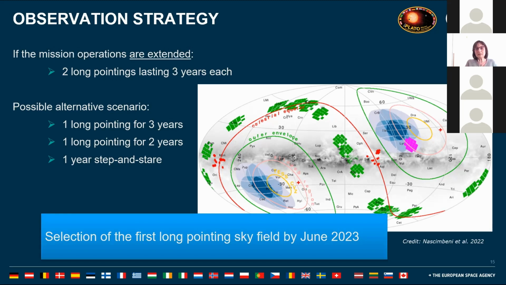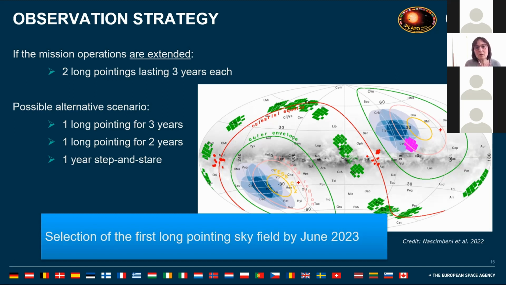Okay, an important event for the preparation of the mission, which we think is going to be very useful for both the amateur community and the professional community to know, is that next year we'll be announcing the first long pointing. So exactly the coordinates of the pointing, and whether it will be in the north or the south. This will happen next year in June.